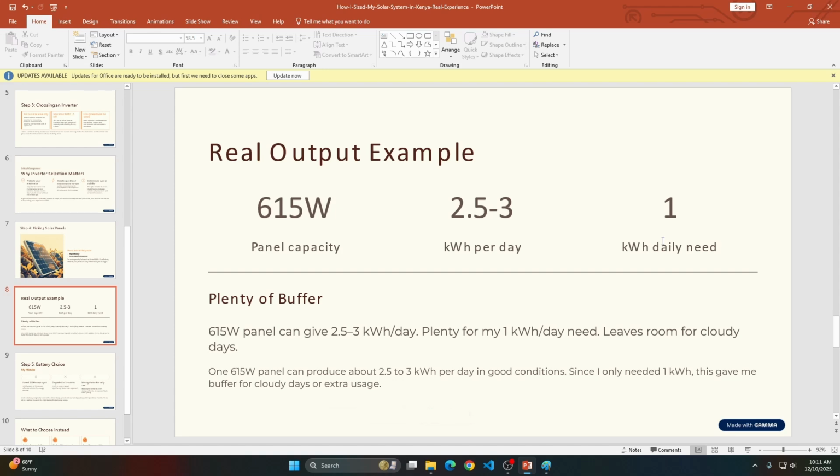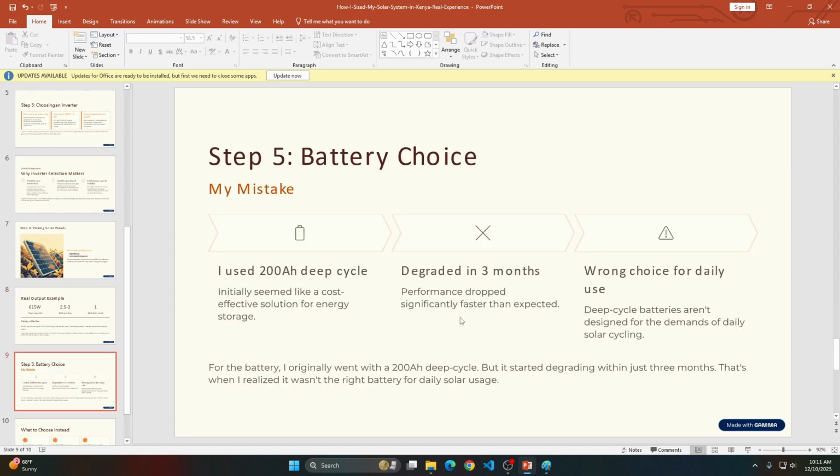Since I only need 1 kilowatt, this extra energy is really essential. And one thing that I've noticed with solar panels is that you want to run the heavy appliances during the day, most of the time when the sun is shining. We'll understand that later.